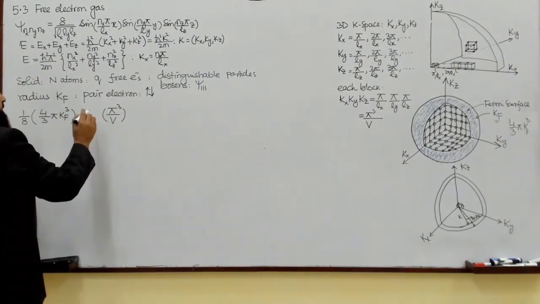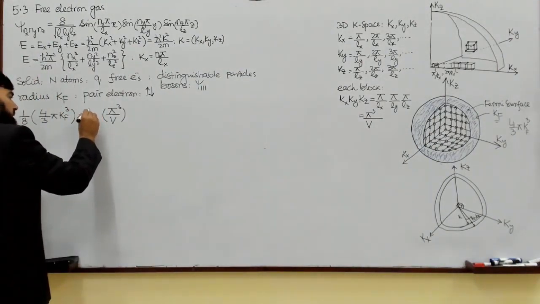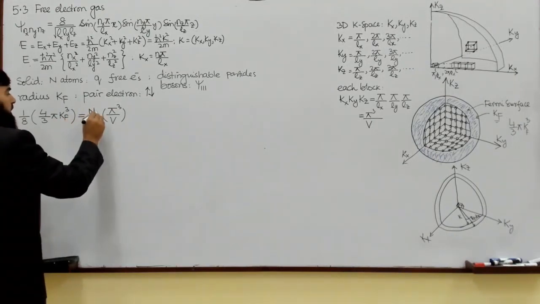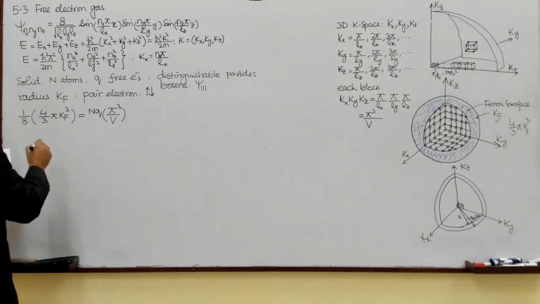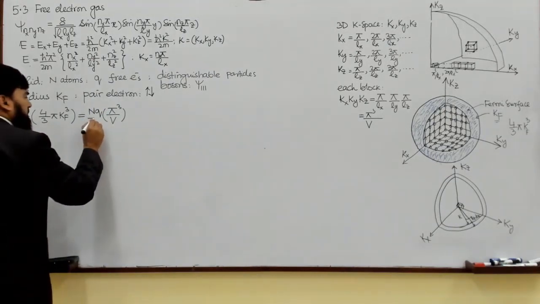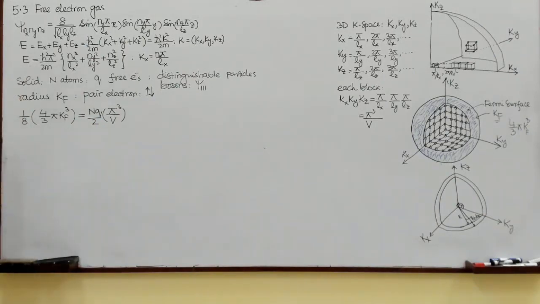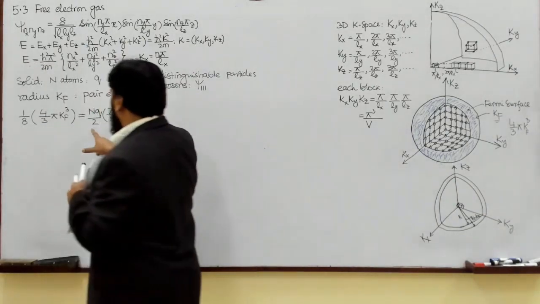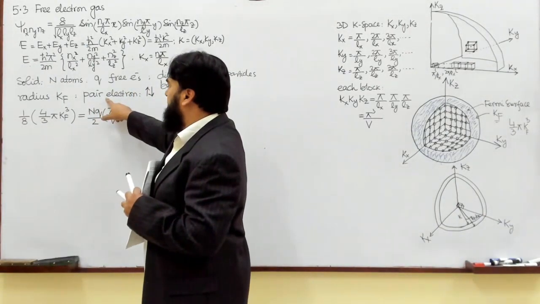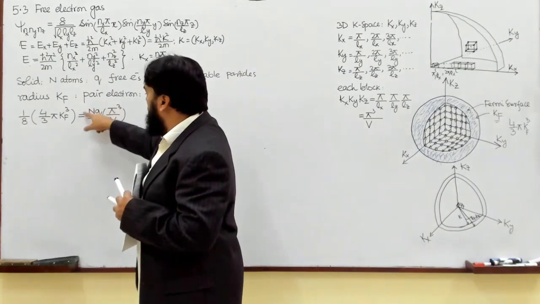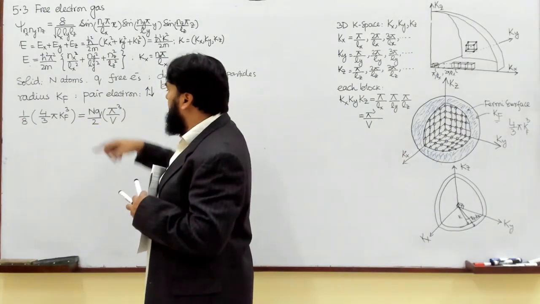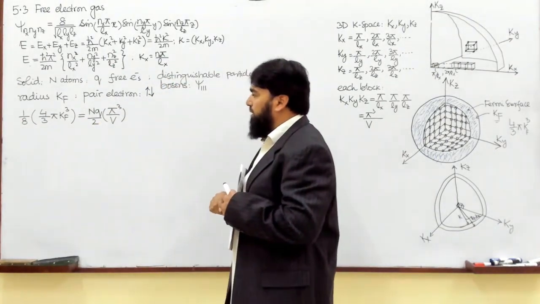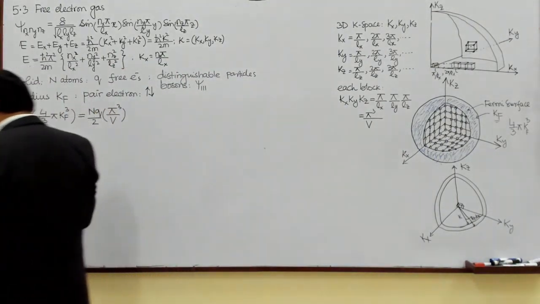And how many atoms are there? N atoms are there, and each atom is giving q free electrons, and these electrons are coming in pairs, because there are 2 electrons per state. So now I am calculating how many electrons are there in a block.